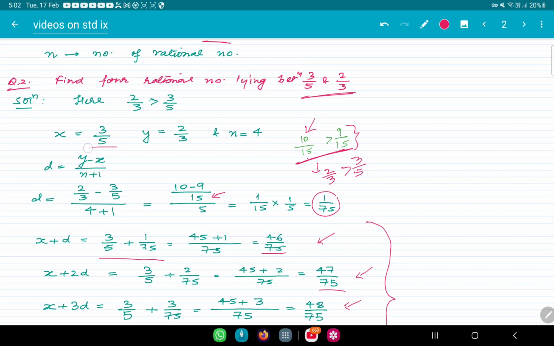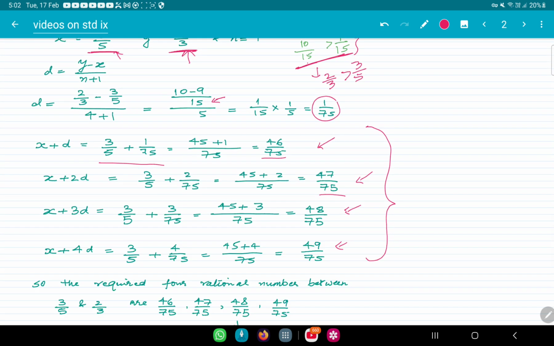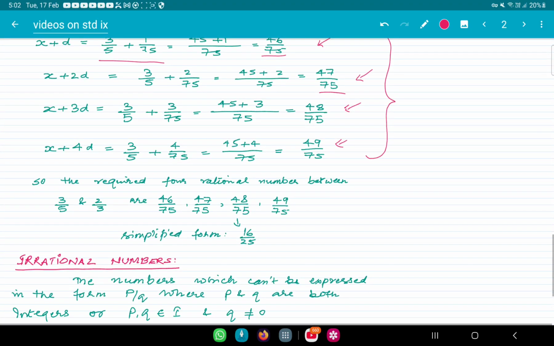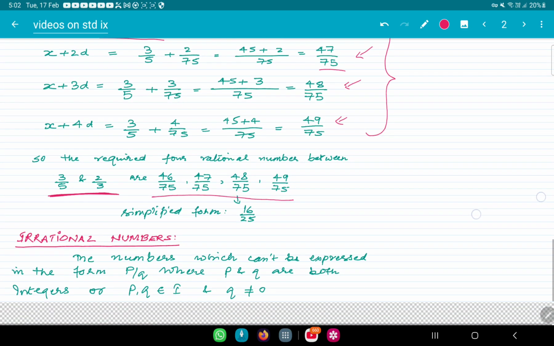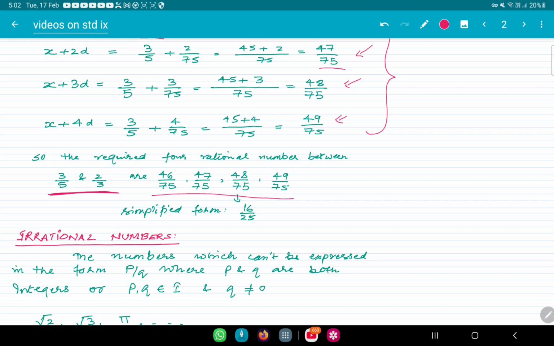Extremities means they stand at the left-hand side as well as the right-hand side, and all the rational numbers lie between these two. So how will we write? We will write that between 3 by 5 and 2 by 3, 46 by 75, 47 by 75, 48 by 75 and 49 by 75 will lie between these two.